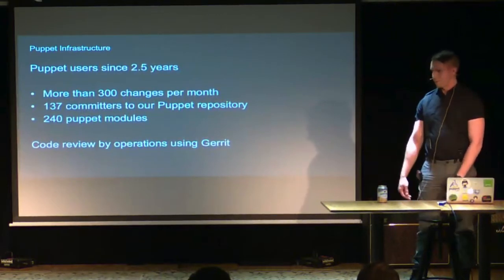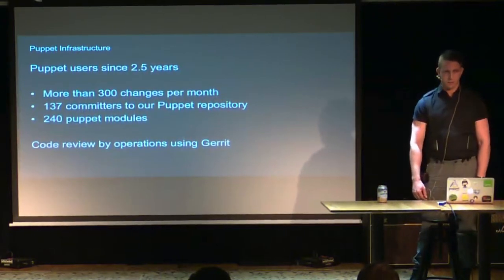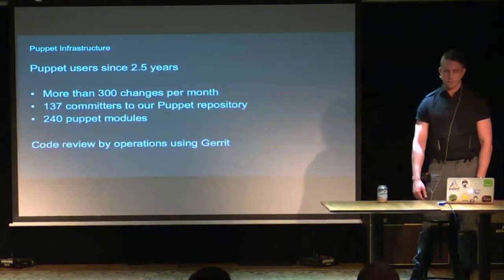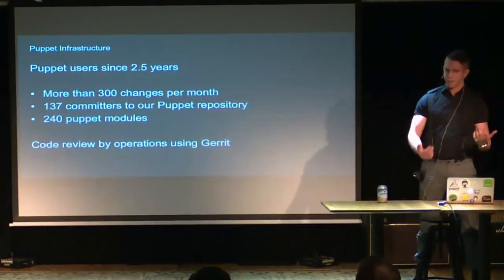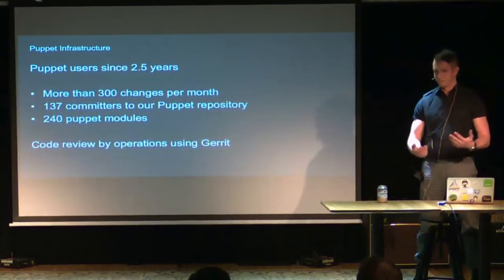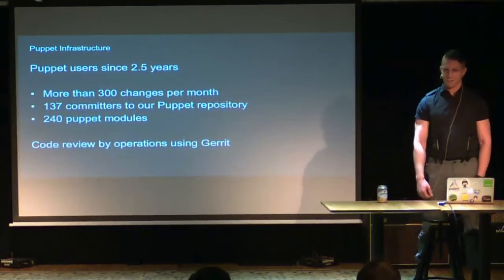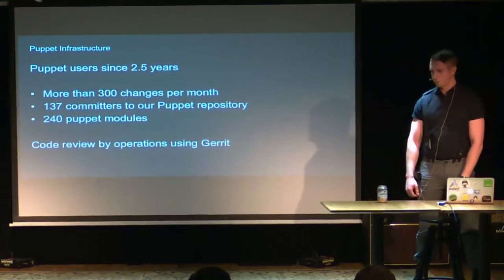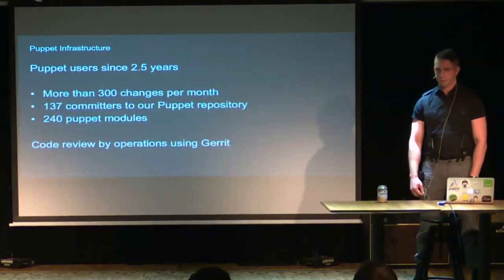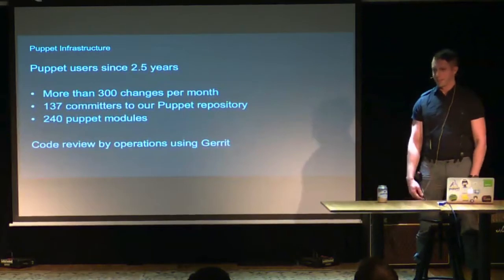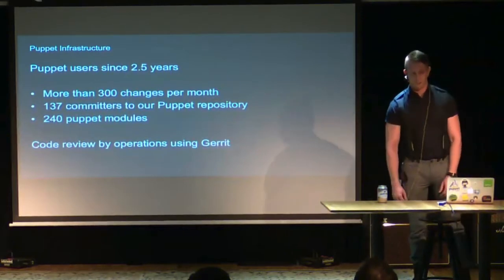One thing that might be a little bit different compared to how a lot of people are using Puppet is that we don't have any scheduled downtimes, any weekly downtimes or stuff like that. When things get merged into our Puppet codebase, it immediately gets pushed out to all the agents.